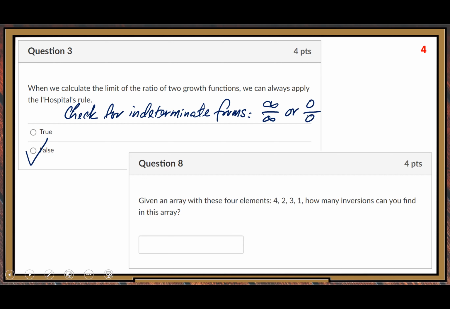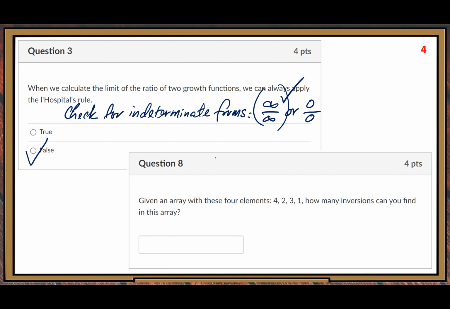But for our algorithm class, we just consider the infinity over infinity case, because our growth functions tend to go to infinity, not the zero case.